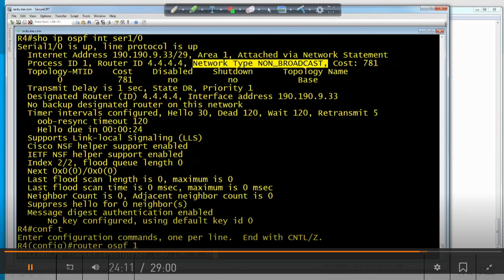Before I hit the enter key, another question. Since I'm choosing to use this method of static neighbor assignments, do you think I need to do this on all three of these routers, routers 1, 3, and 4, pointing at each other? Or do you think just doing it on router 4 will be enough?